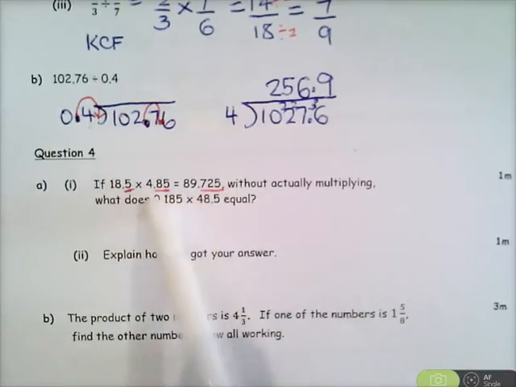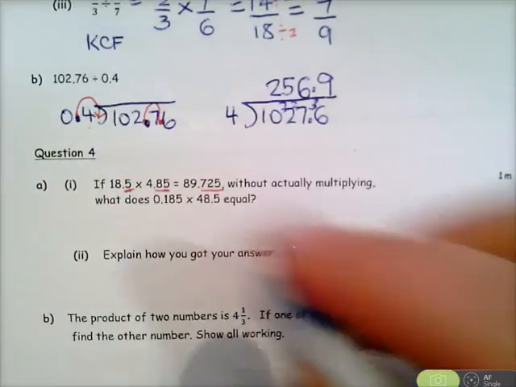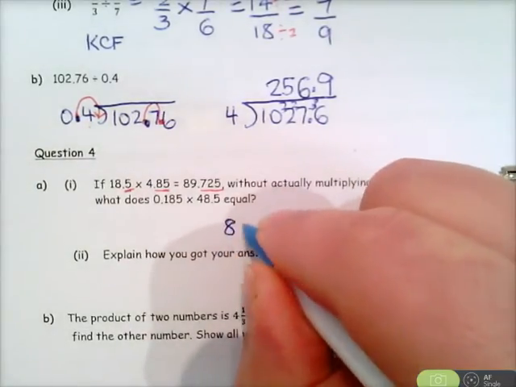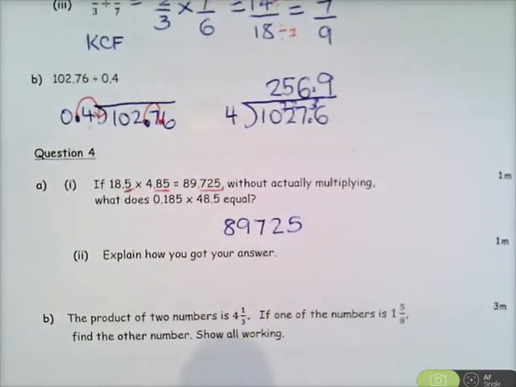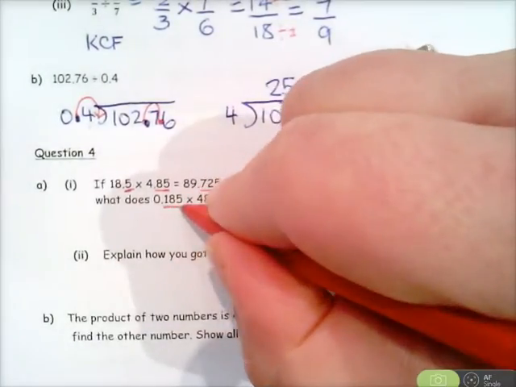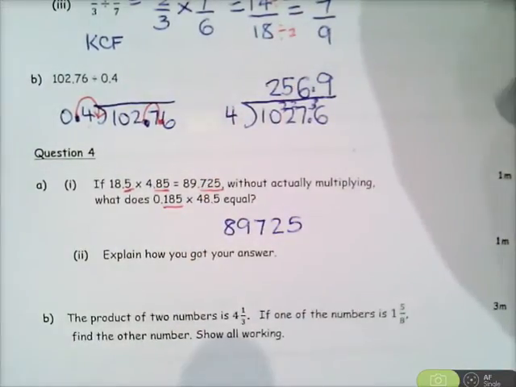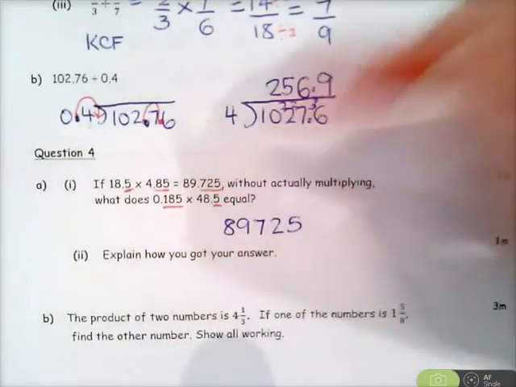Notice that these numbers are actually the same as those, just that the decimal points are in different places. So because the numbers are exactly the same, we write the number 89.725, because we know that our answer will be those same numbers. And we just count how many digits after the decimal point in our new question. So I've got 1 2 3 there and one more here.